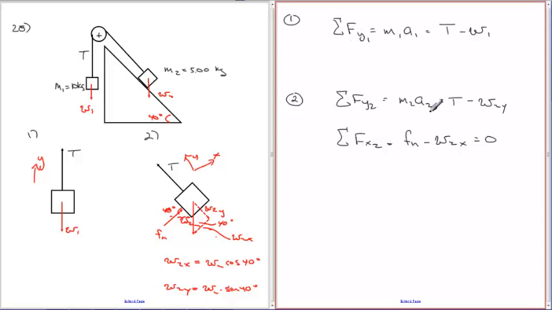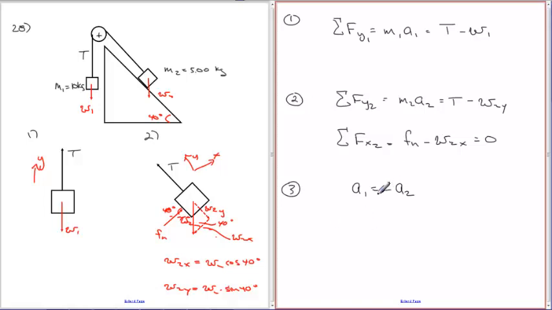So we have these two equations, and what else do we have? Well, the third thing we have is that when this is moving up with positive acceleration, it means this has to go down because it's attached by this cable. And so the positive A here means a negative A there. So what we say is A1 is equal to negative A2. So they're the same magnitude, you just have to worry about the signs. So we have three equations and three unknowns.